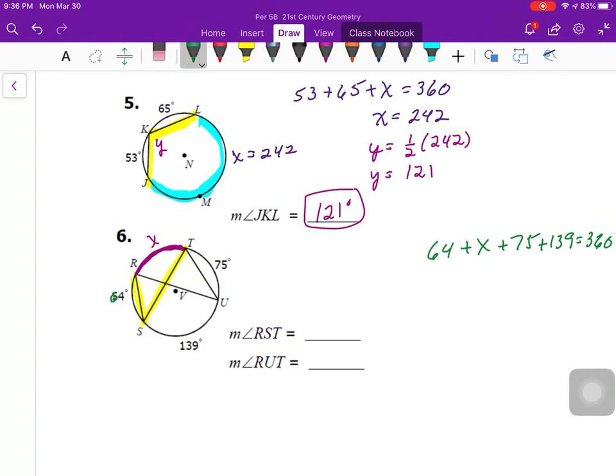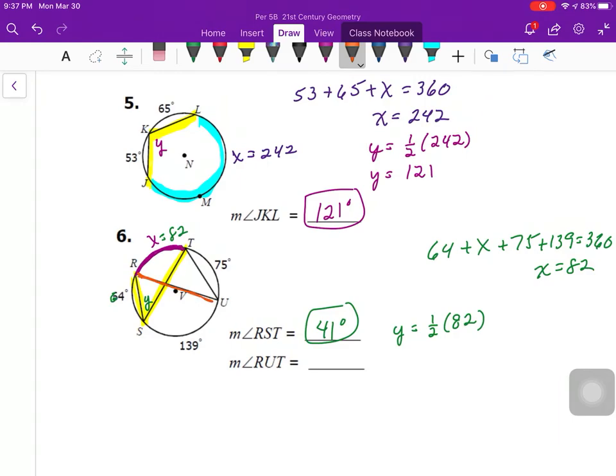So 360 minus 139 minus 75 minus 64. I find out that x is equal to 82. And that means that the measure of angle RST, I'm going to call it y, so y will equal half of 82. So RST is going to be 41 degrees.